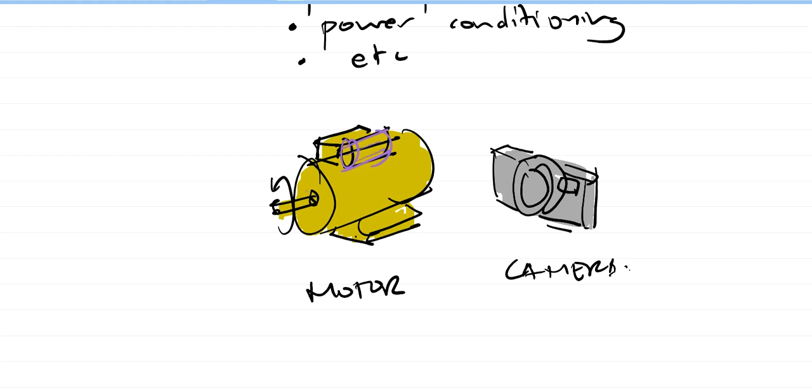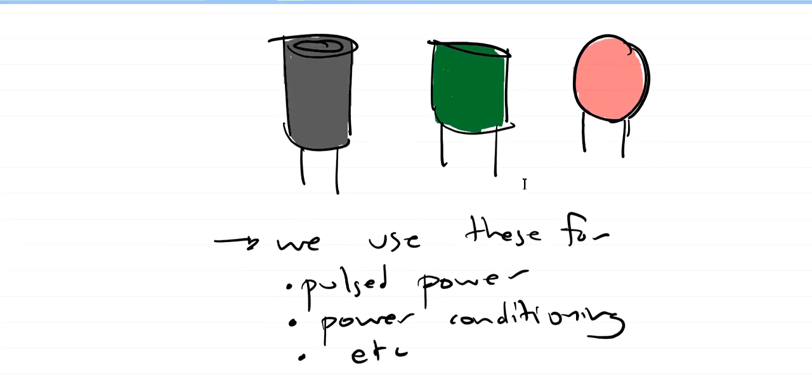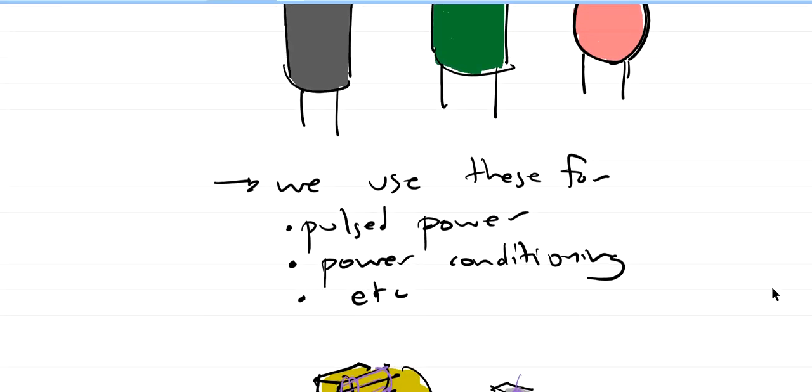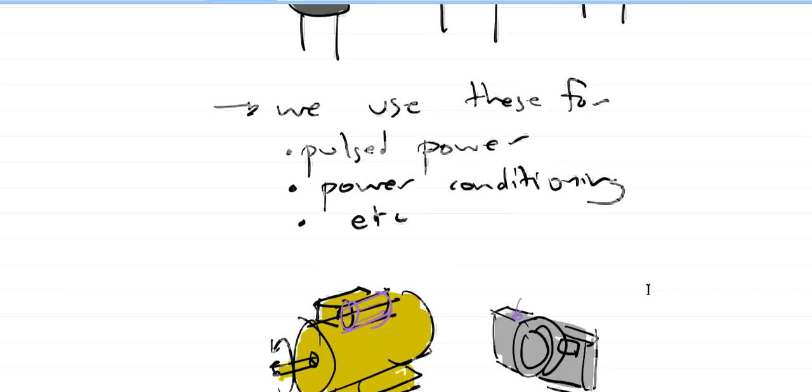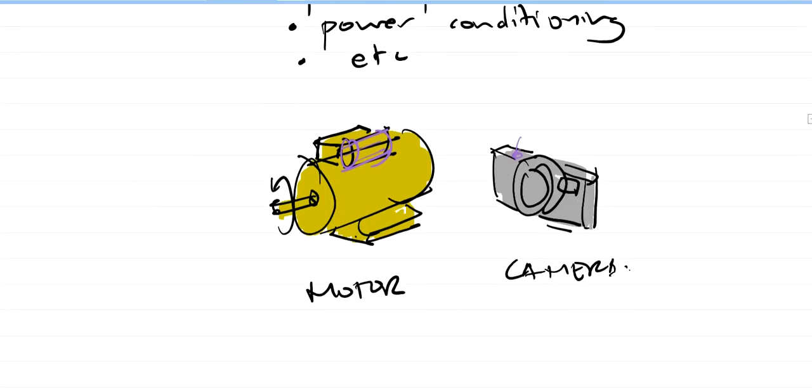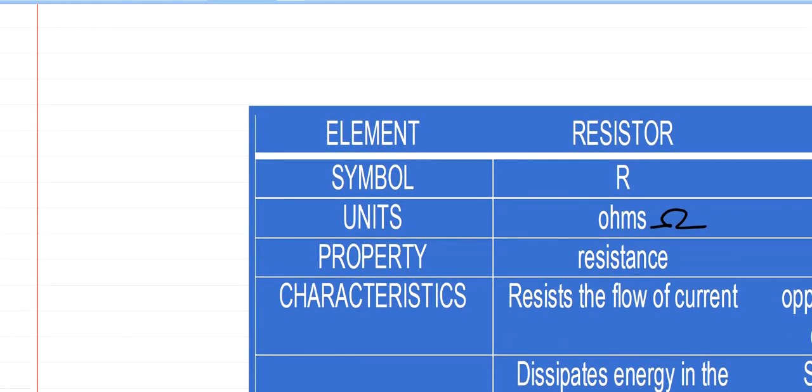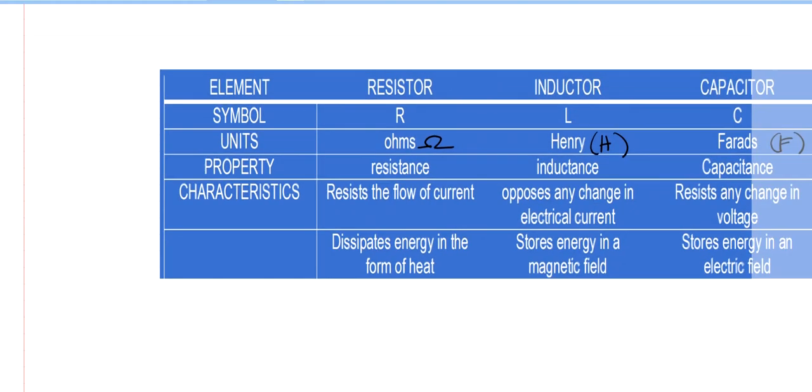And also in some gadgets, like for example in the flash of cameras, once we click to take a shot, we need an amount of energy, and that energy will be coming from capacitors, right? And there are still many other applications for these capacitors, right?